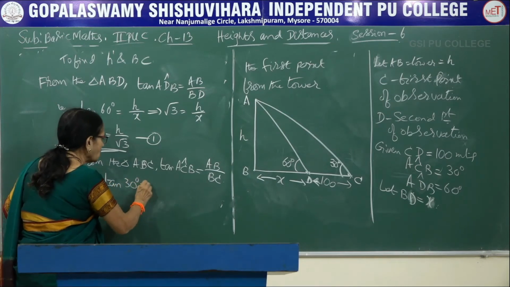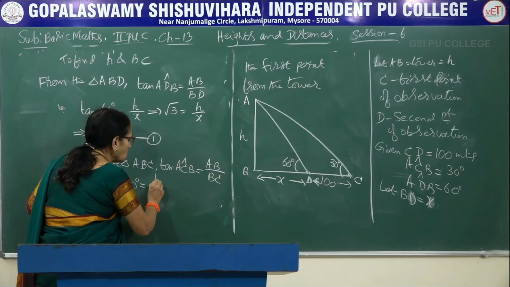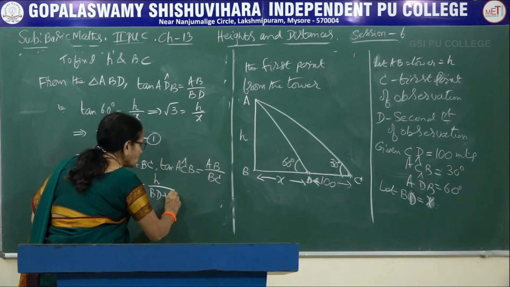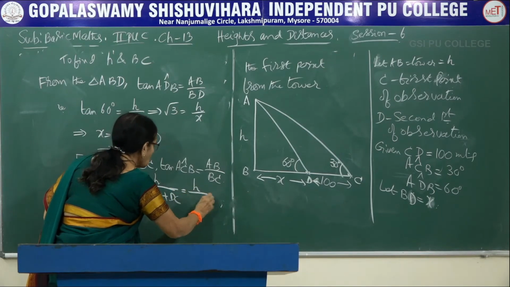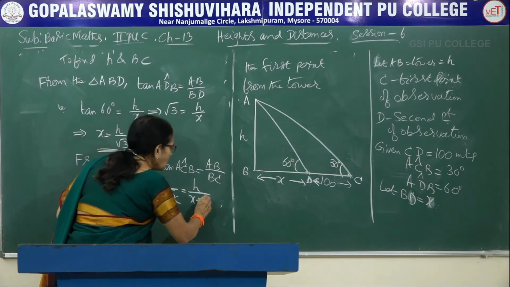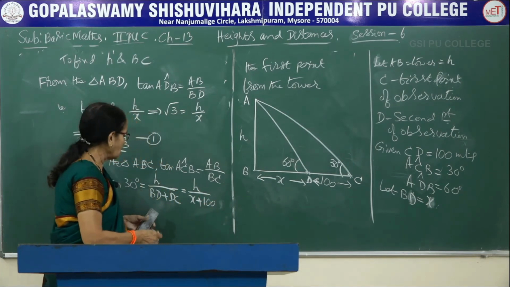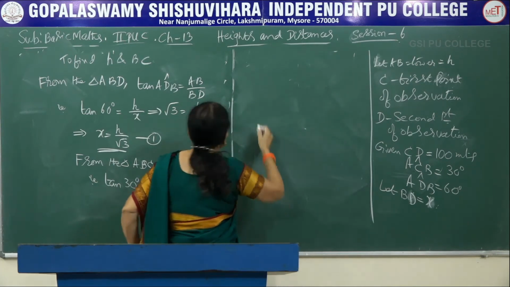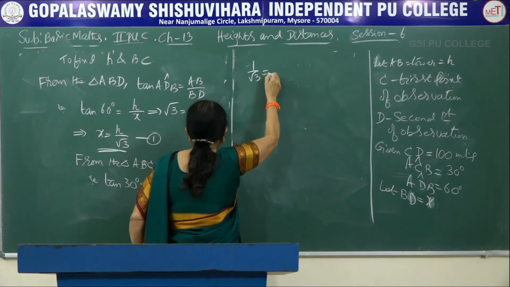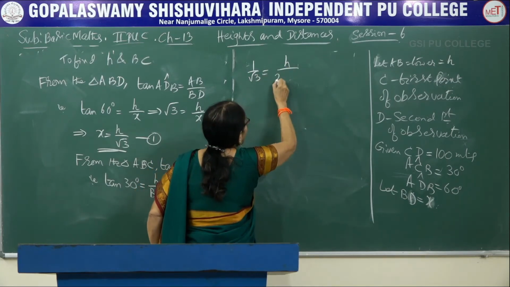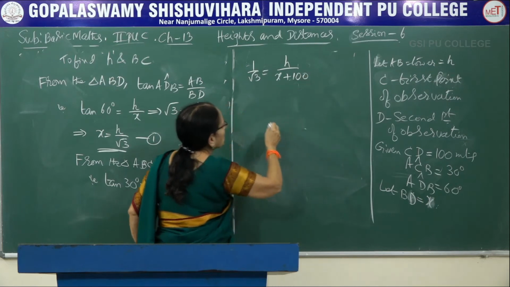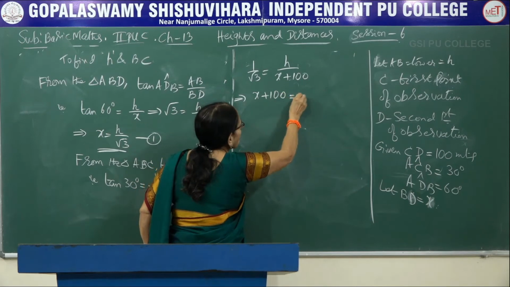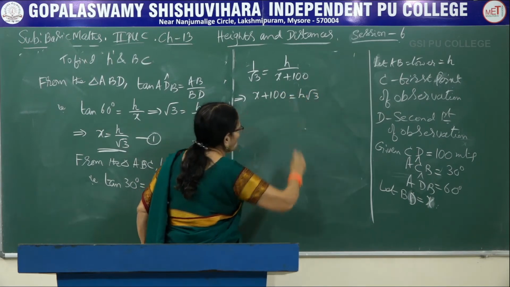So tan 30 is equal to AB, that is h, divided by BC, which is BD plus DC. BD we have denoted x, and DC is 100. On cross multiplication, tan 30 is 1 by root 3, equal to h divided by x plus 100. Now, x plus 100 equals h root 3.